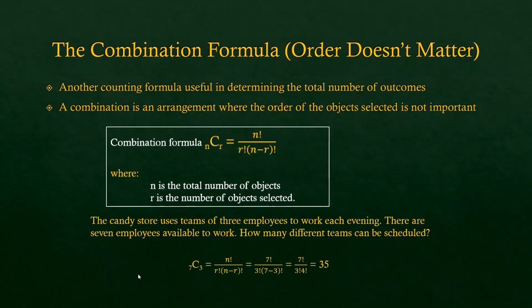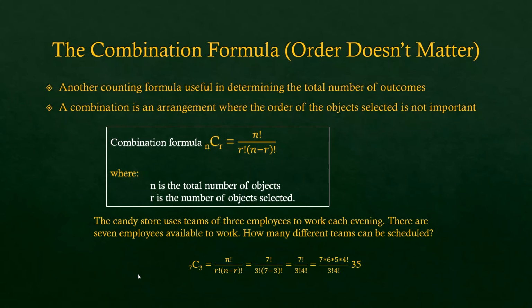And so the way that I would do this is I would do 7 times 6 times 5 times 4. And why did I stop at 4? That's a really good question. The reason why I stopped at 4 is because I'm going to get rid of the 4 factorial.